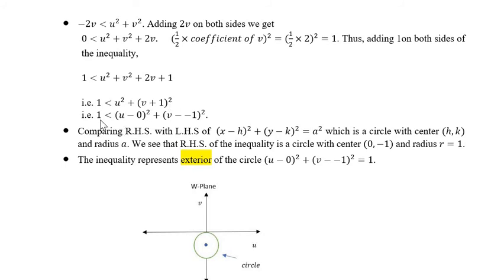Rewriting it as 1 less than u minus 0 whole square plus v minus minus 1 whole square.